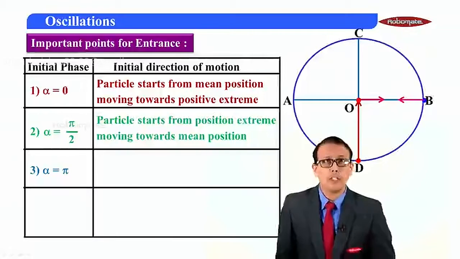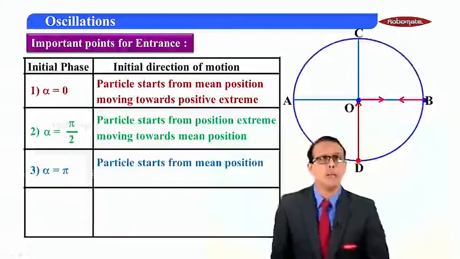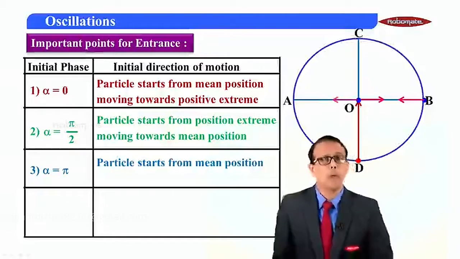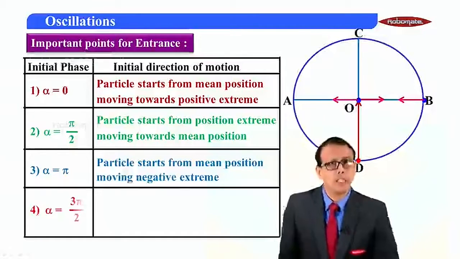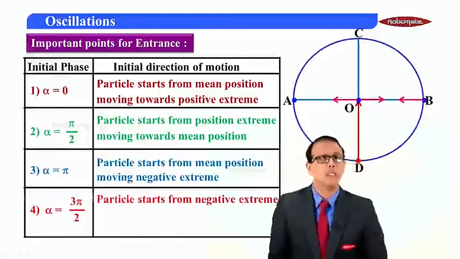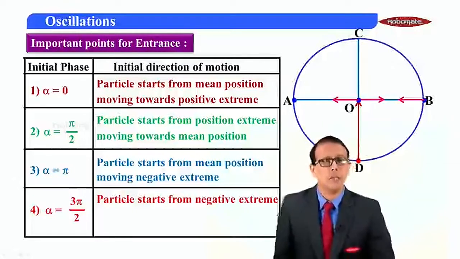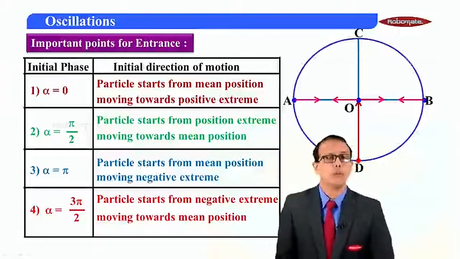Third, when the phase is pi radians, we again know the particle is at mean position, but will move towards the left extreme or negative extreme. And the last case, whenever the phase is 3 pi by 2, that is 270 degrees, the particle is at point A, that means at negative extreme, and the direction of motion will be towards the mean position.